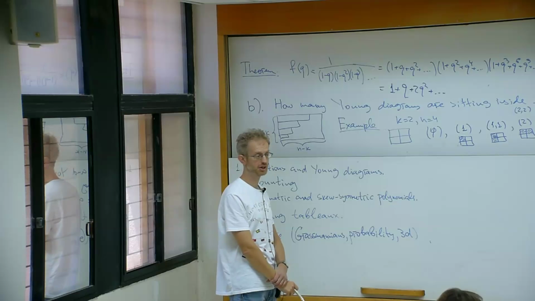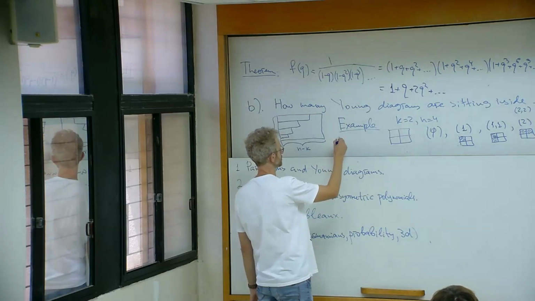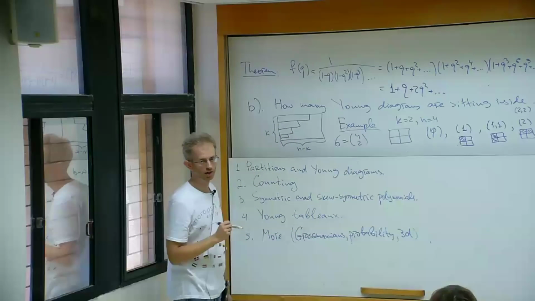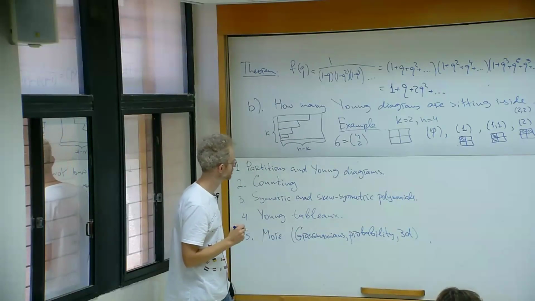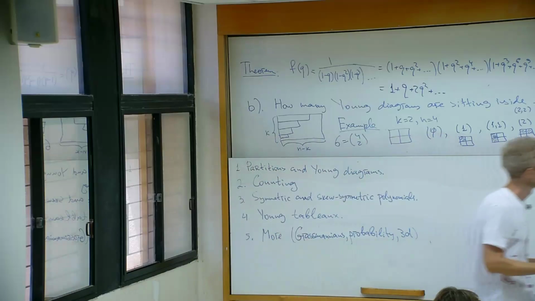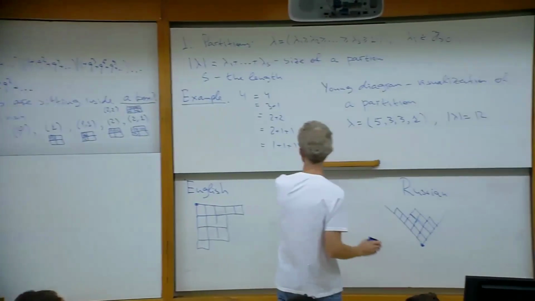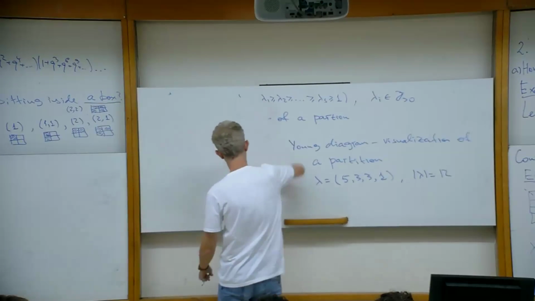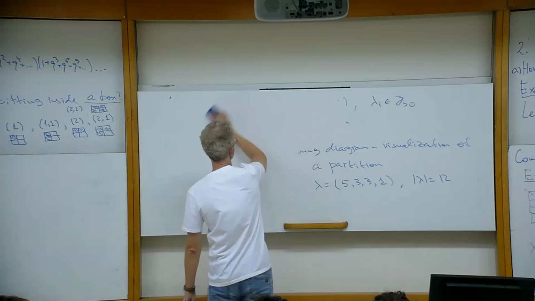Young diagrams fitting in our box, and actually the 6 is 4 choose 2, which is no surprise because it's not that complicated to see that the following statement holds true.